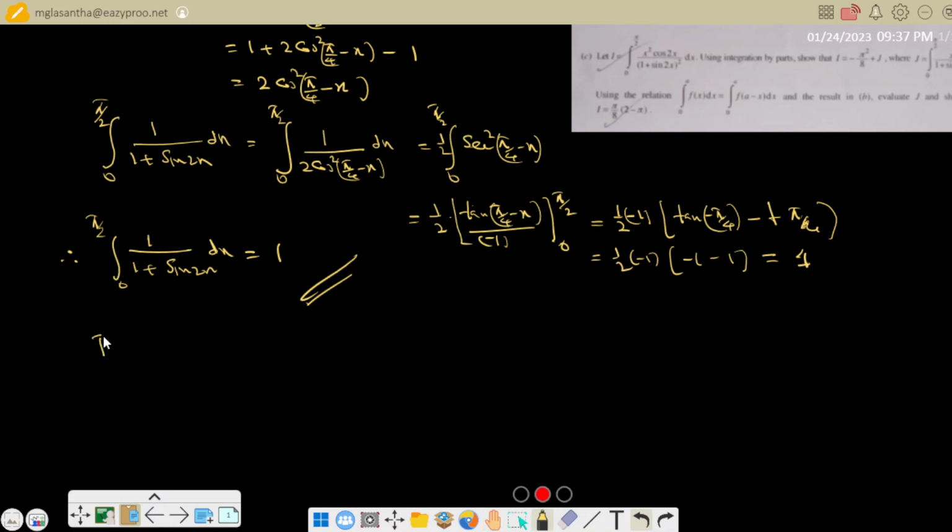I equals the integral from 0 to pi by 2 of (x squared plus 2x) over (1 plus sine 2x) whole squared dx.